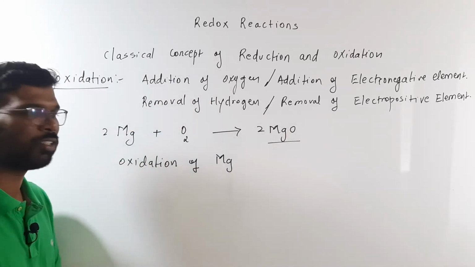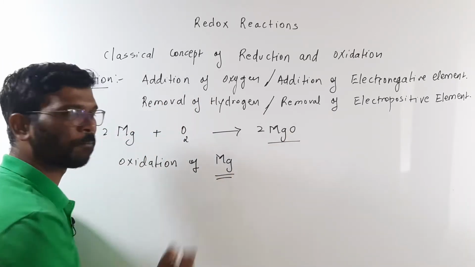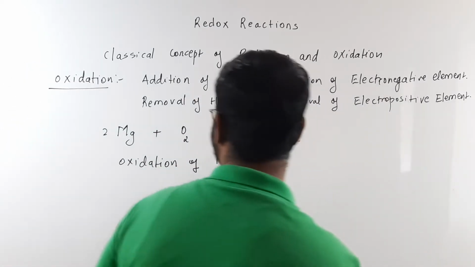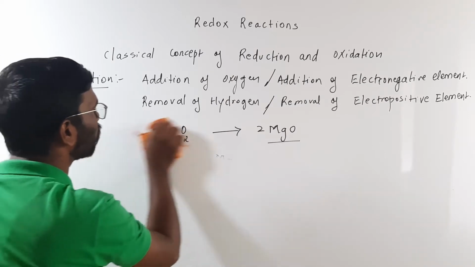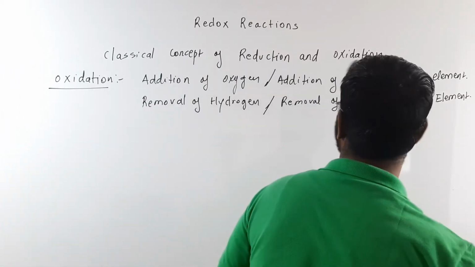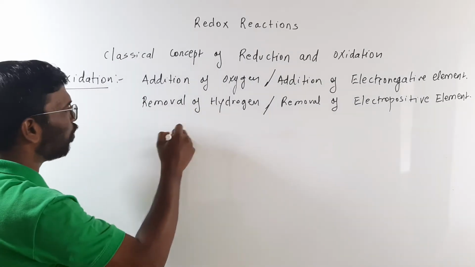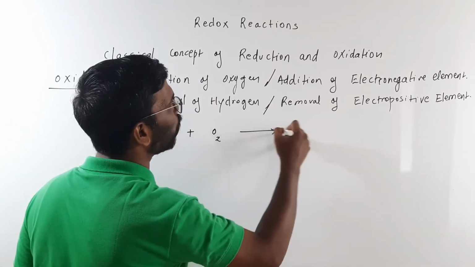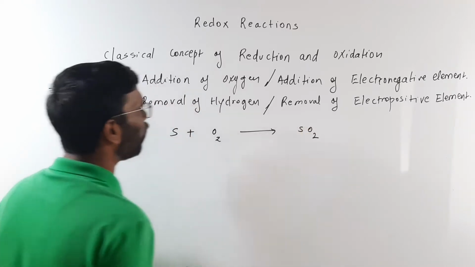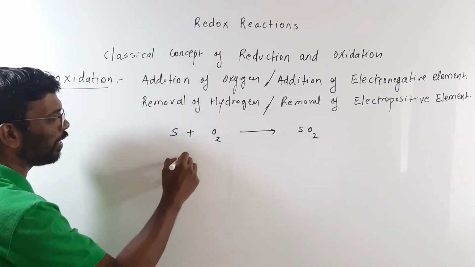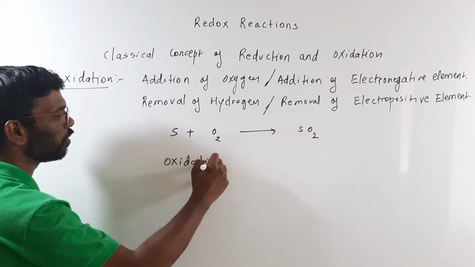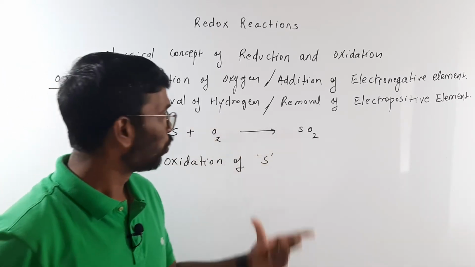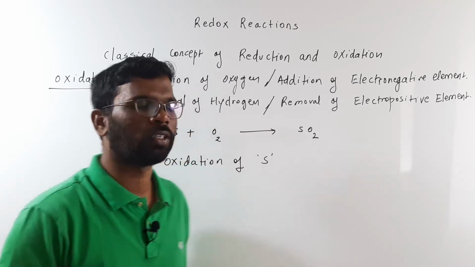So this is the oxidation of magnesium. One more example: sulfur reacts with O2 to form sulfur dioxide. This is an oxidation of sulfur. This is the basic definition of oxidation.